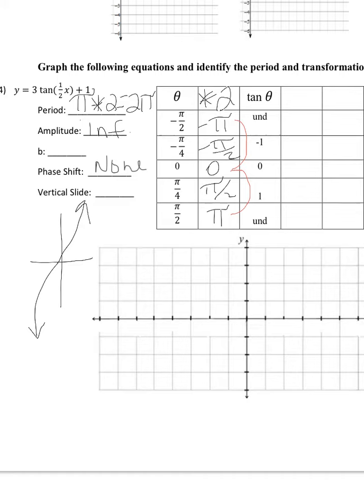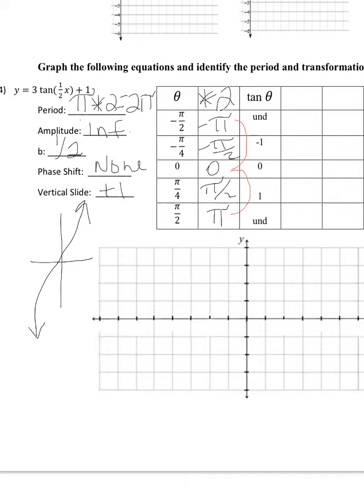B is our horizontal stretch or compression. In this case, we have a stretch, but it's right here in our equation. B is 1/2. And the vertical slide, of course, is D in our equation, which is that +1 on the end. That's going to shift the graph up 1. So you can say +1 or you can say 1.